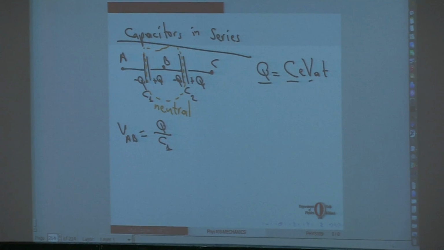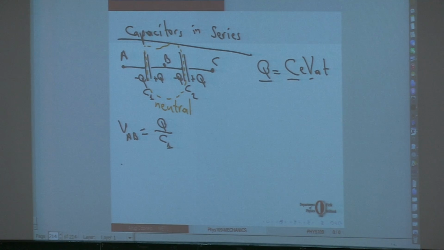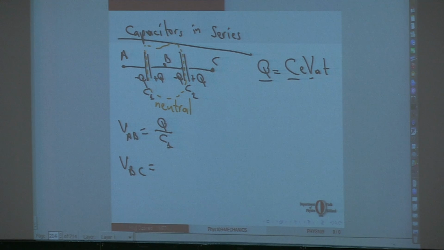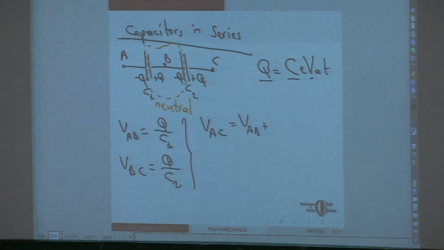Okay. Now, what about B and C, the potential difference between B and C? Q over C2, it has the same charge on each plate. Now, we also know that VAC was nothing but VAB plus VBC.